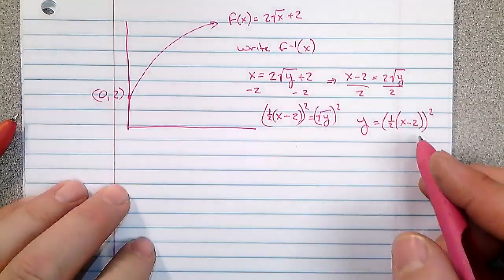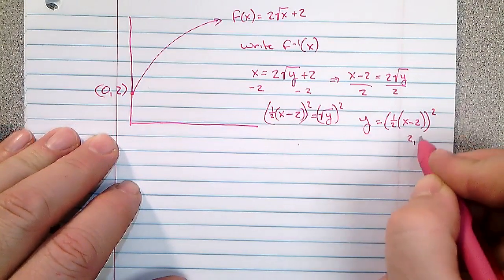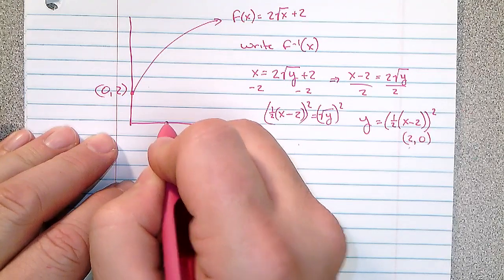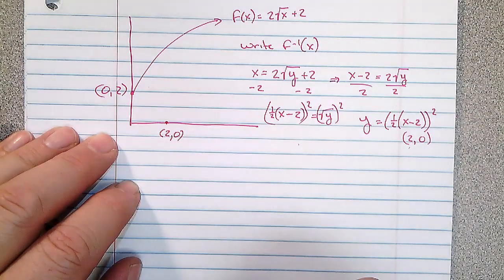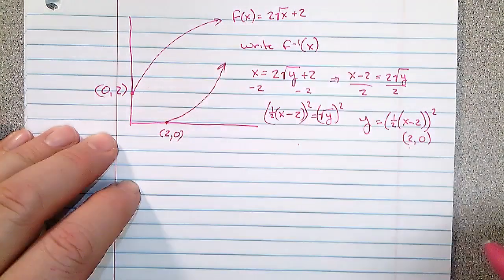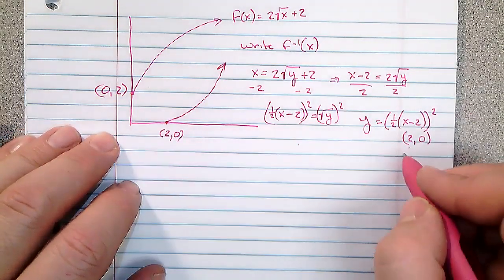And there's my parabola. Now if I look, my h and k, I have 2 comma 0, which makes sense because that's the inverse, or that's the swap in the x and y. And so then this is going to go this way. So that's our vertex.